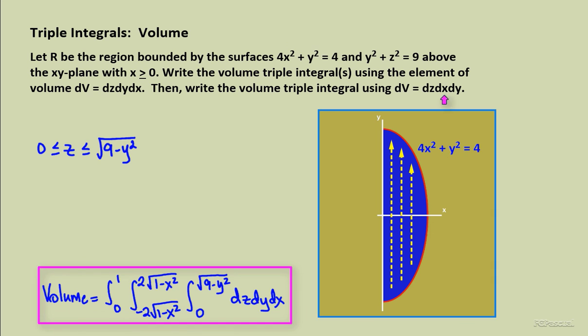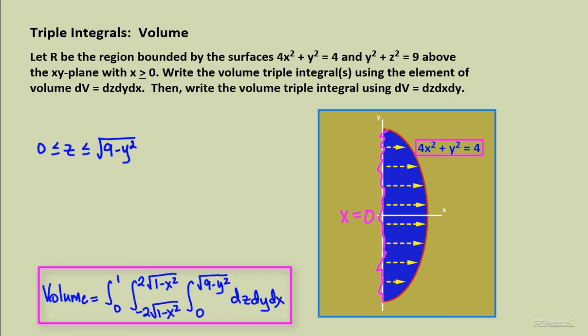This time, the second variable of integration is x. And because the next variable of integration is x, we follow the x direction on this projection to determine where x starts and where x finishes. Within the projection, we start on the y-axis, where x equals 0, and finish on the ellipse, where 4x squared plus y squared equals 4.